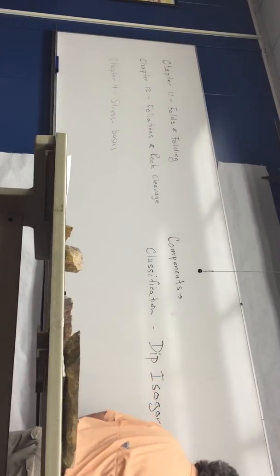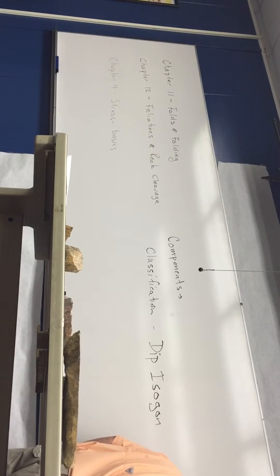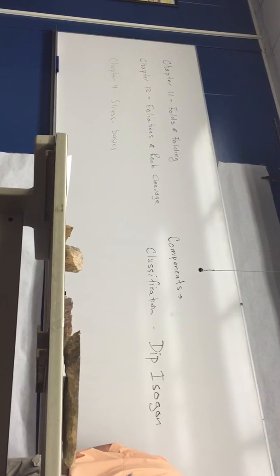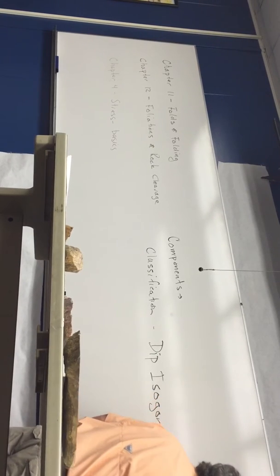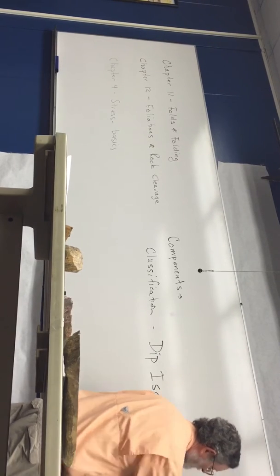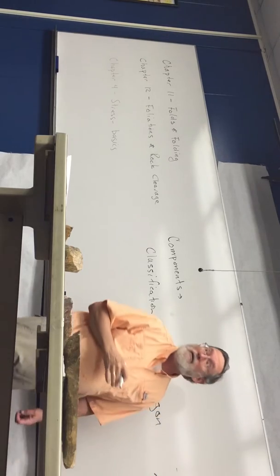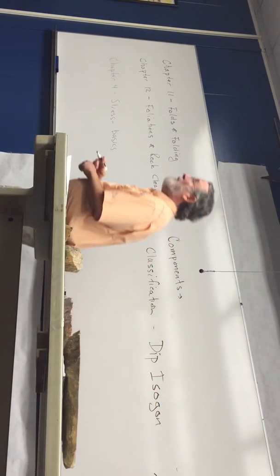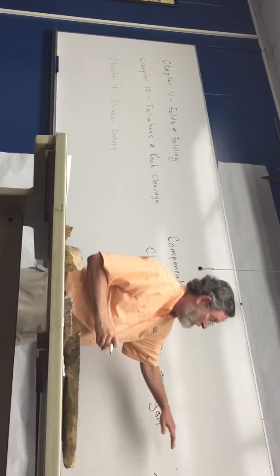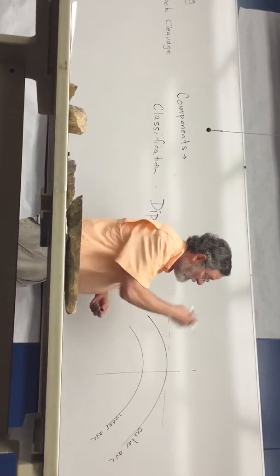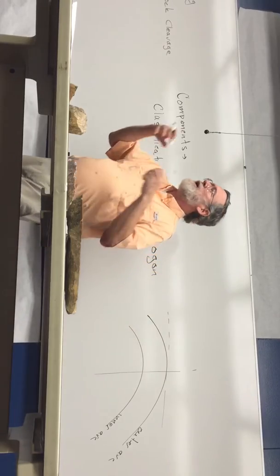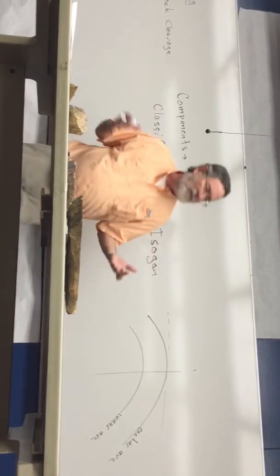So this would be our inner arc, this would be our outer arc, and we're setting up a coordinate system. This would be the fold hinge. In that system, this would be the hinge normal plane here. So if I elect, I can choose, let's say, a 10-degree dip angle.